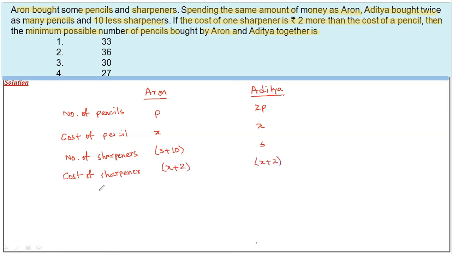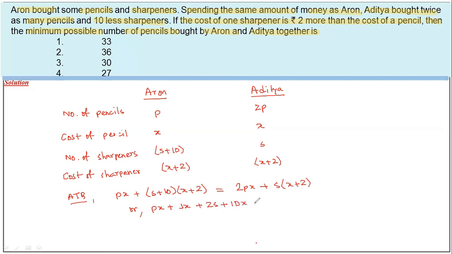Now given that their total cost is equal, so according to question, we have Px plus (S plus 10) into (X plus 2), that is equal to 2Px plus S into (X plus 2), or Px plus Sx plus 2S plus 10x plus 20, this is equal to 2Px plus Sx plus 2S.